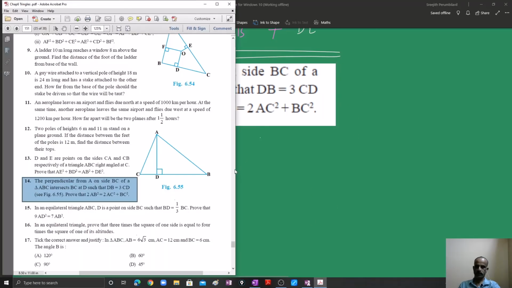Question number 14. Here the figure is part of the question, so I will take the figure also.